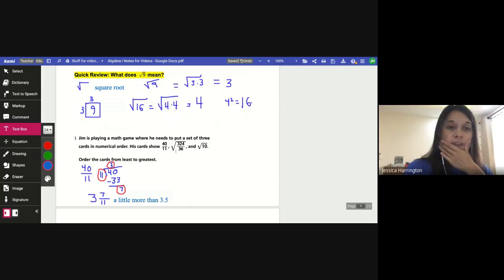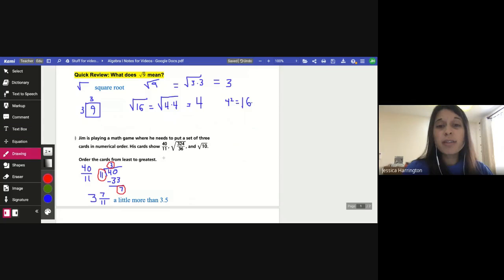Okay, now let's look at this. This one's a little bit tricky. It says the square root of 324 over 36. You're like, Miss Harrington, that's way too complicated of a square root from the examples above. So here's what you can do. You can break that up into the square root of 324 over the square root of 36.